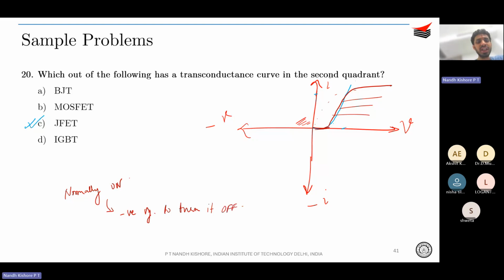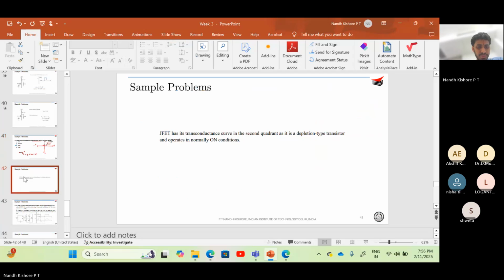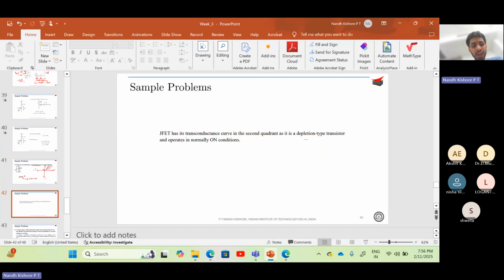Therefore, you can understand that it inherently has its conductance in the second quadrant, unlike these three devices. It is a depletion type device, so it is normally on. That's why we say that it is in the second quadrant.